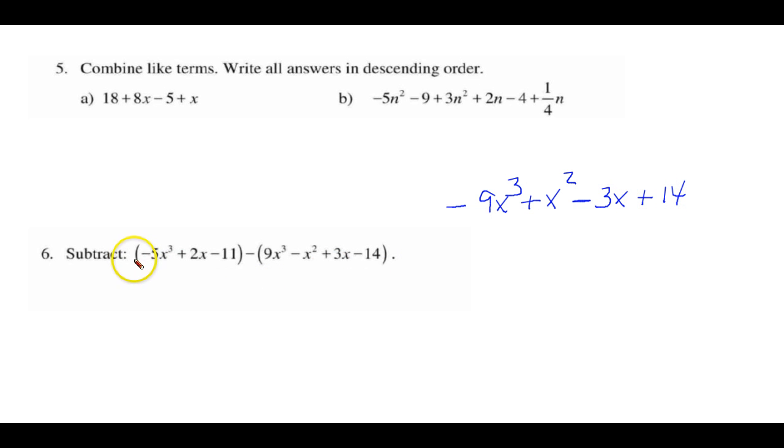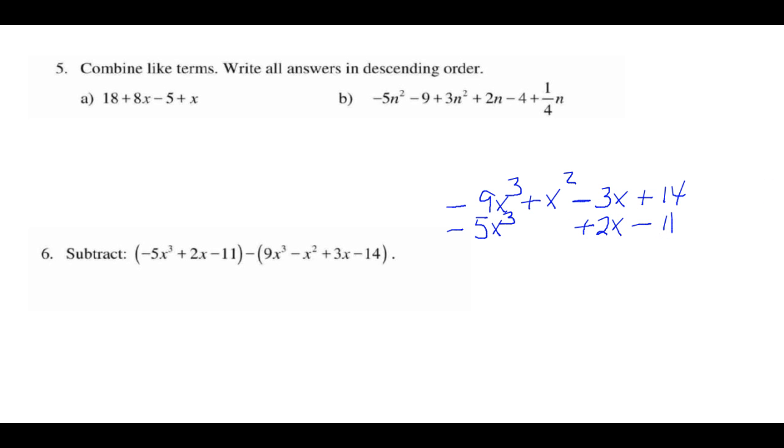Now, here I can just remove the parenthesis because there's, in a sense, a positive sign in front. And I'm just going to copy these under the like term columns. So this is a negative 5x to the third. Now there is no x to the second, so we can skip that. We go to plus 2x, and a negative 11.